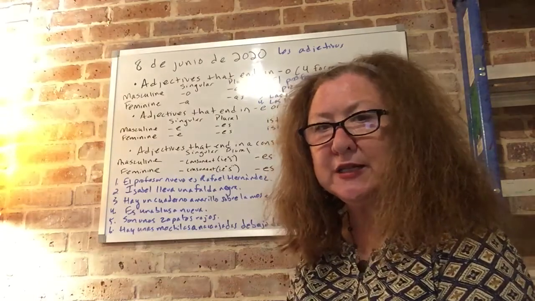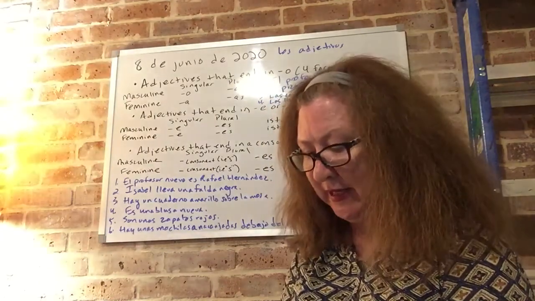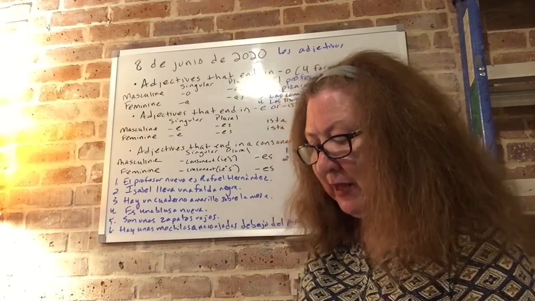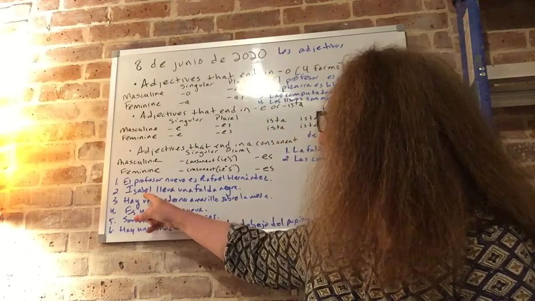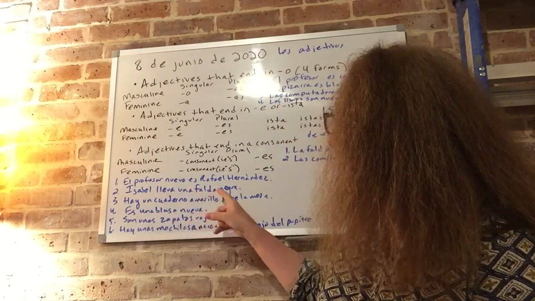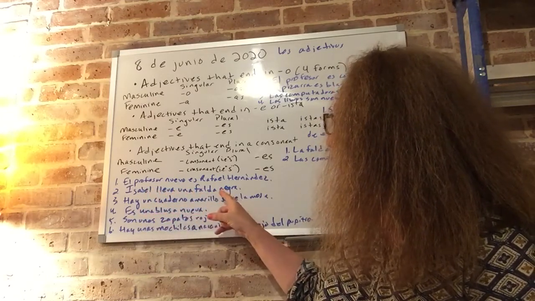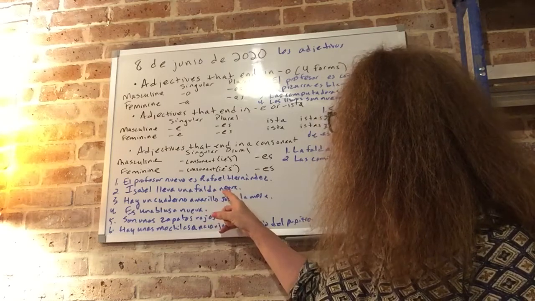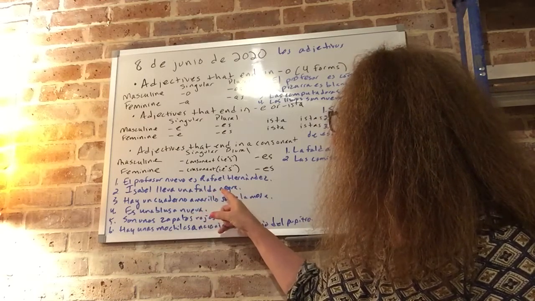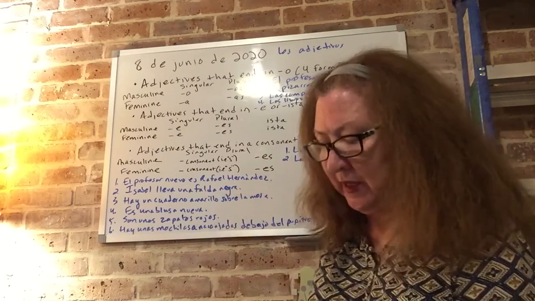Okay, and like I said, pause the video if you need to. Número dos. Isabel is wearing a black skirt. Isabel lleva una falda negra. So negra comes after falda and it's feminine, so it ends in an A.